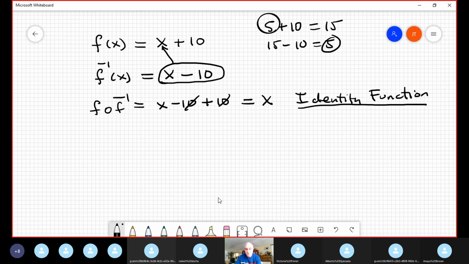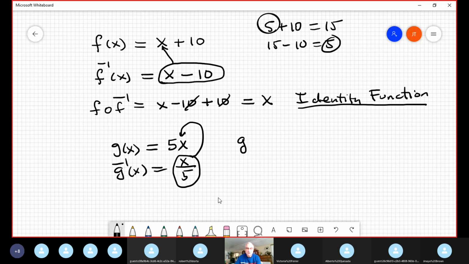This was addition and subtraction; another is multiplication and division. Suppose g of x is equal to 5x, multiplication by 5, and the inverse function is division by 5, x over 5. Composition: you plug this into this, g composed with g inverse, in either order.